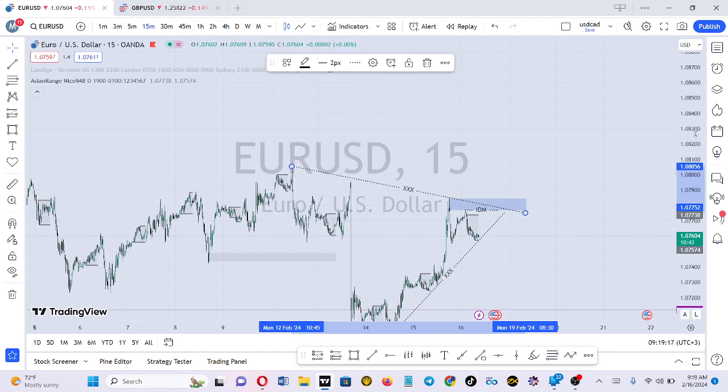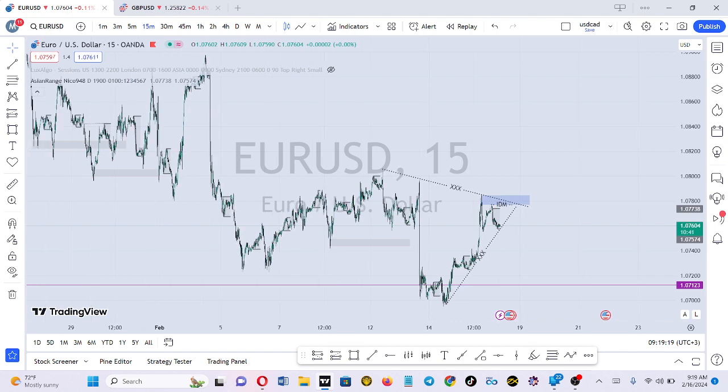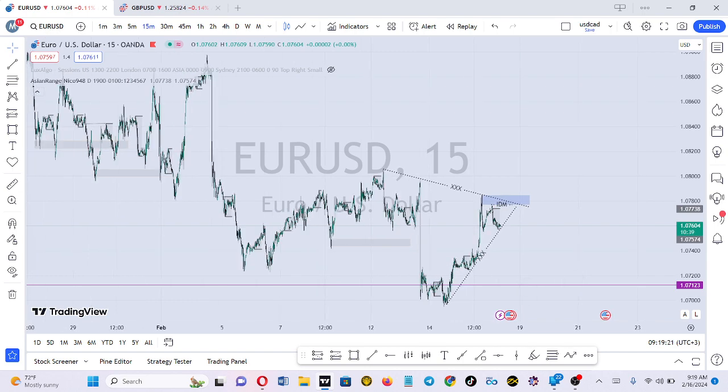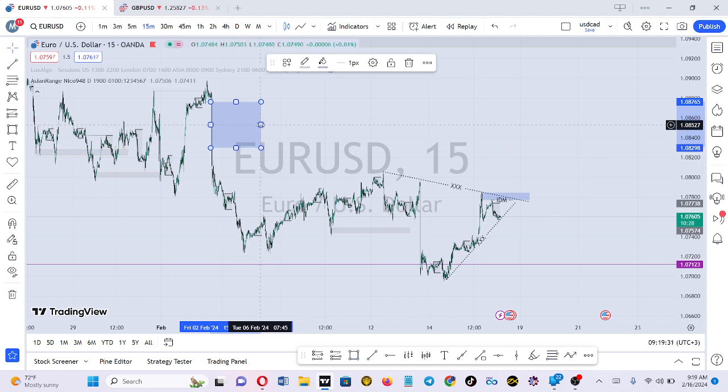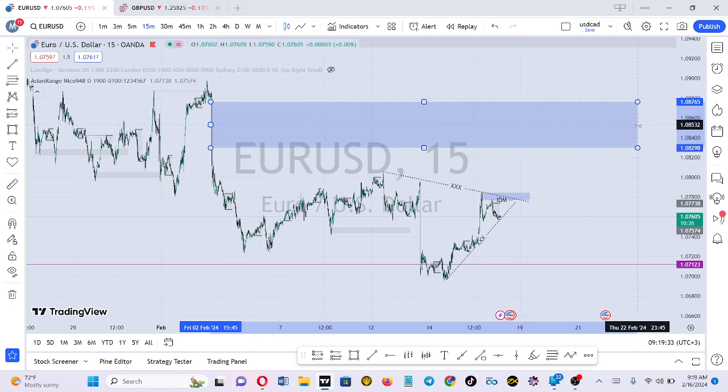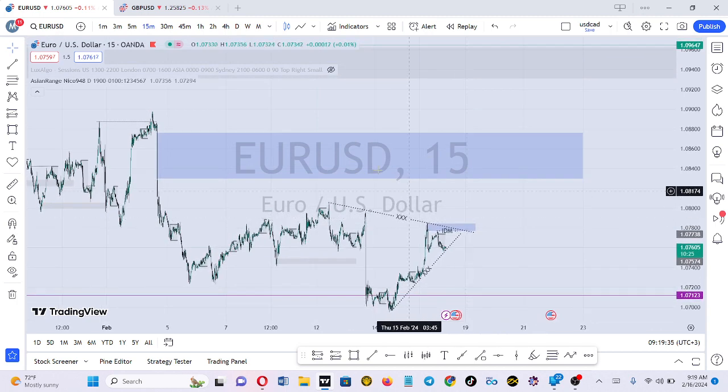So how are we going to sell it? We'll have to first keep an eye on it. If you can remember, there is a very big fair value gap right here. A very big fair value gap. If you look at this fair value gap, you would know that there is a high chance that the market could actually do this.